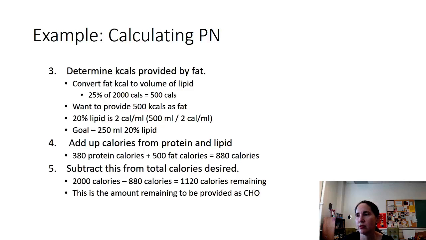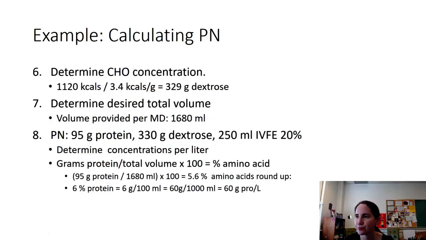And we know the calories provided by fat, so we're going to subtract that from the goal, which is a total of 880 from the lipids, and that means we're going to need 1,120 from dextrose.